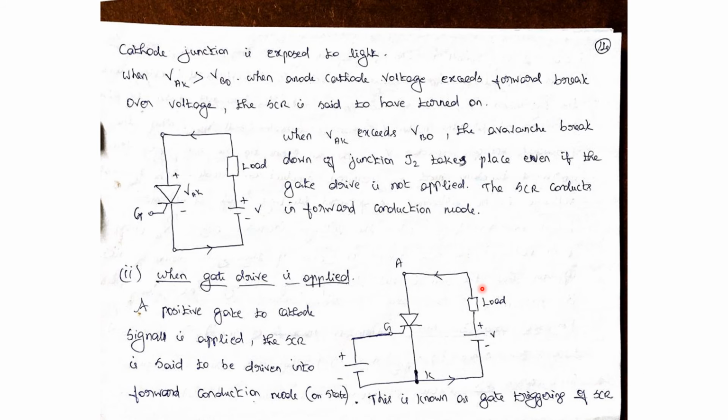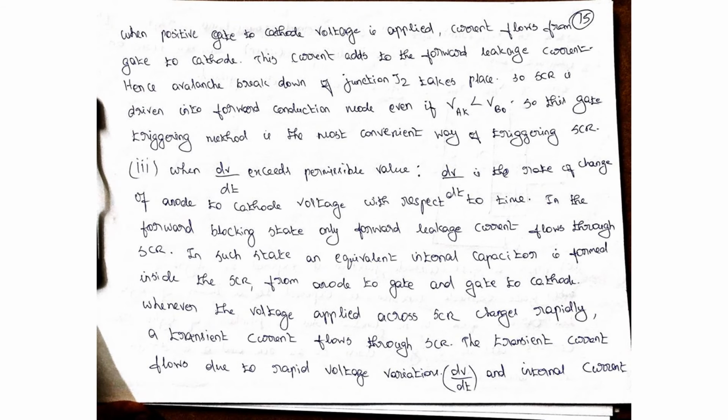So when we apply gate cathode drive, the SCR will be turned on. It will go to the forward conduction mode. This is known as gate triggering of SCR. This is the most convenient method, so we are using this method. This method is also used by many technicians.